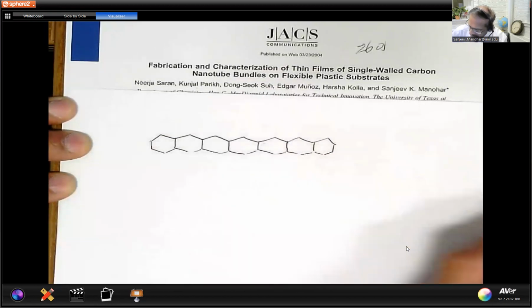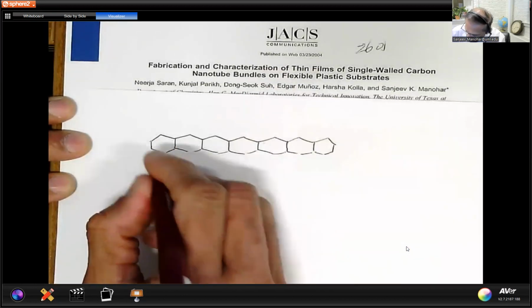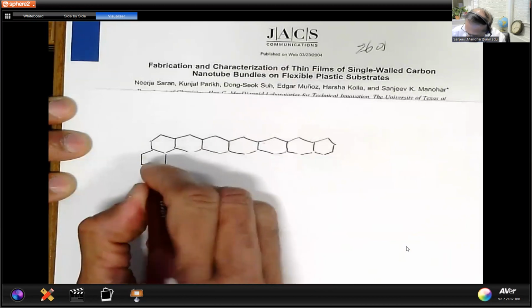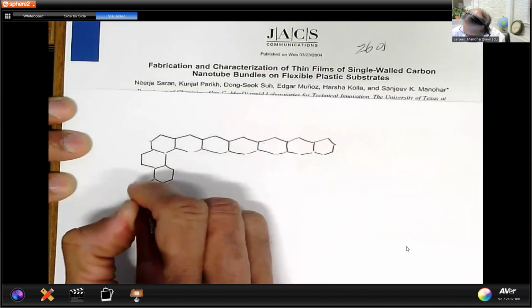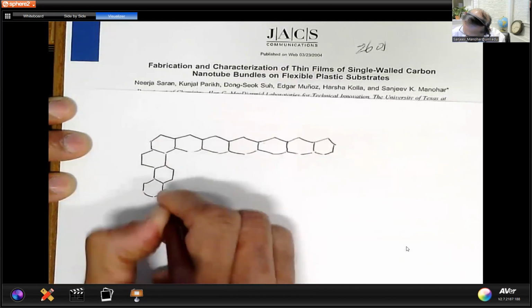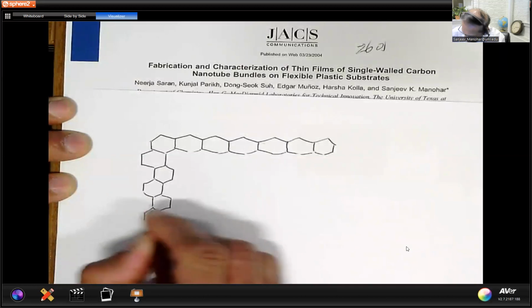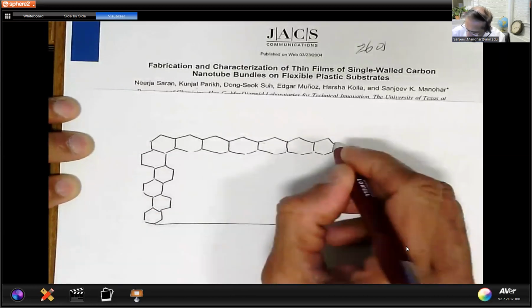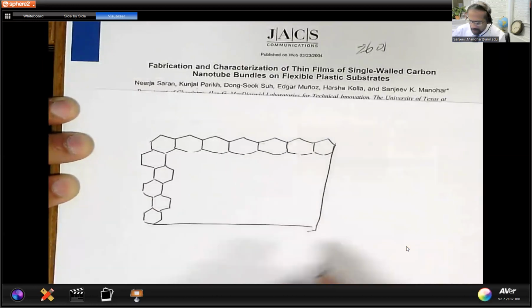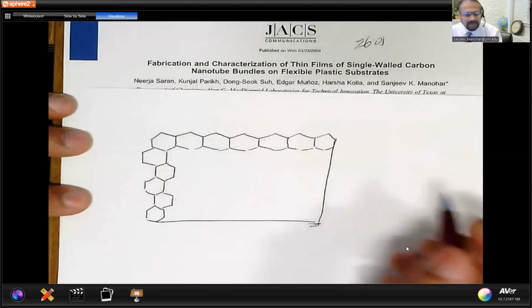So this goes all the way everywhere, the whole 2-dimensional. On this side also you have benzene groups, correct? So this basically goes 2-dimensional and fills up, correct? So what is polyacetylene?